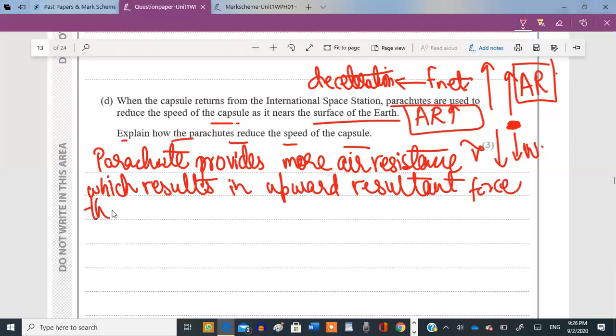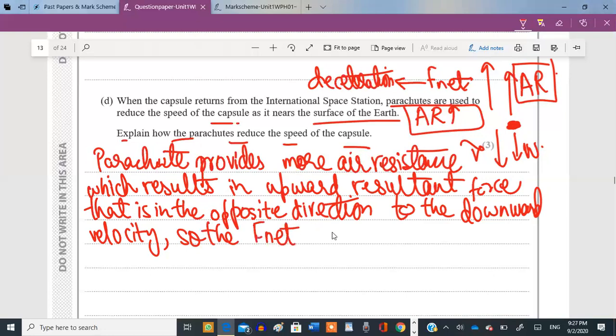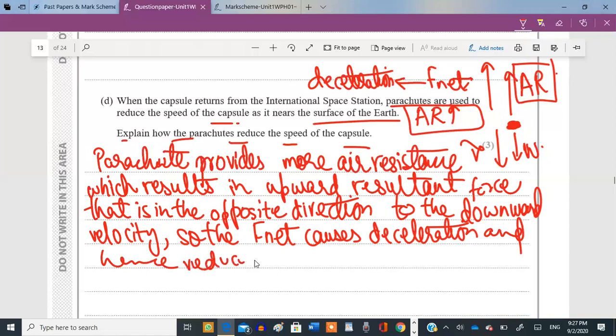So that is in the opposite direction to the downward velocity. So the net force causes deceleration. F net causes deceleration and hence reduction in velocity. Reduces velocity. Get it? Yeah.